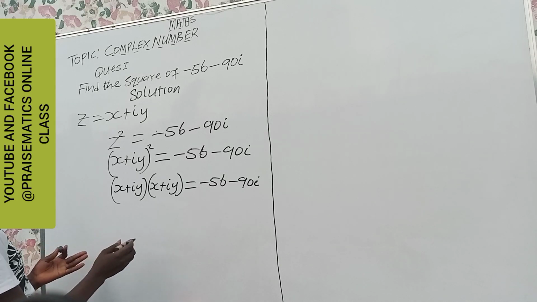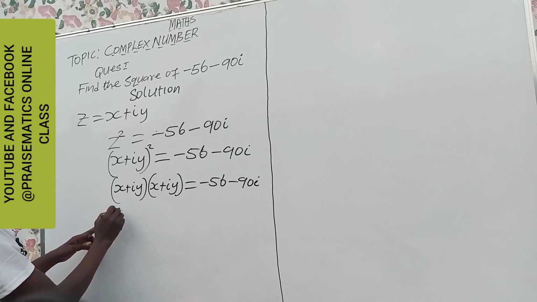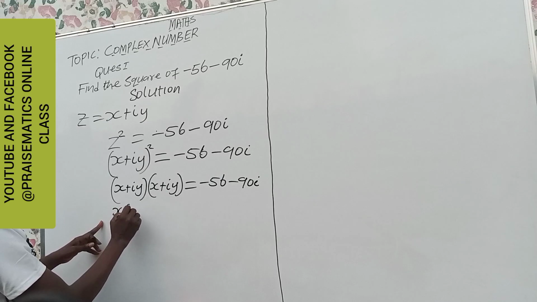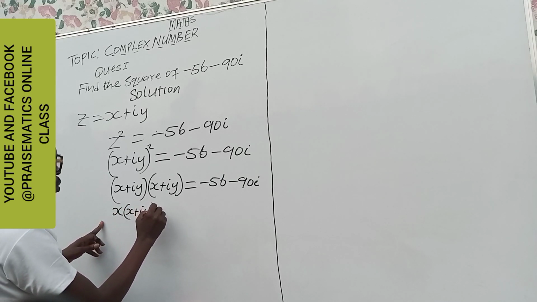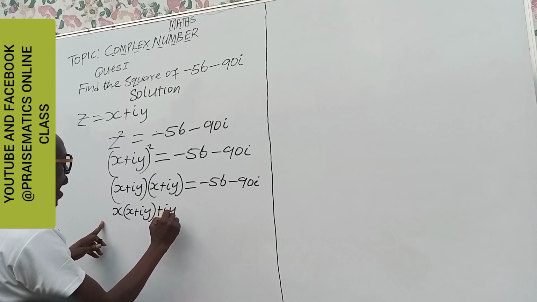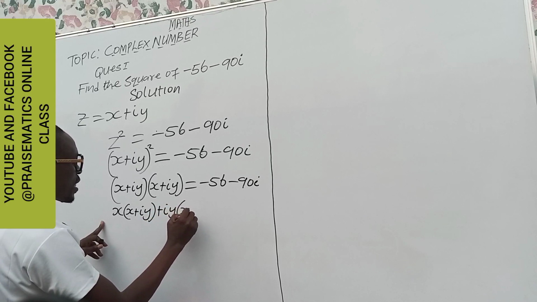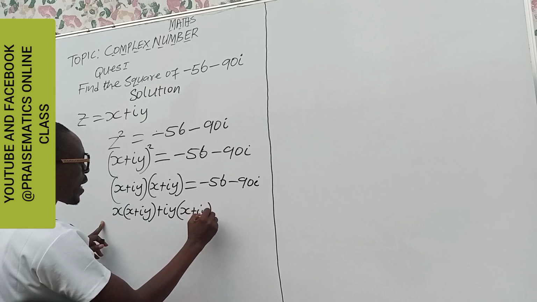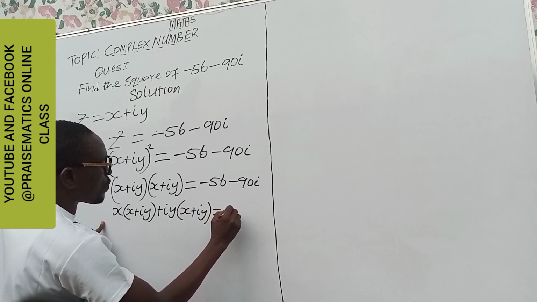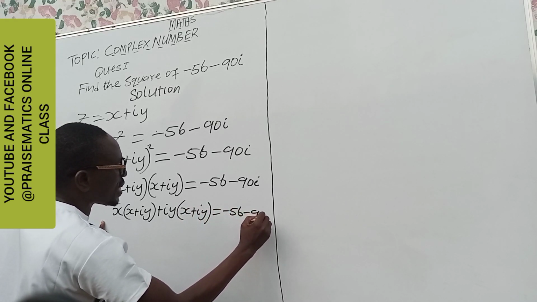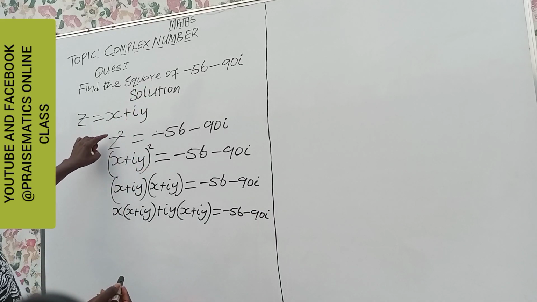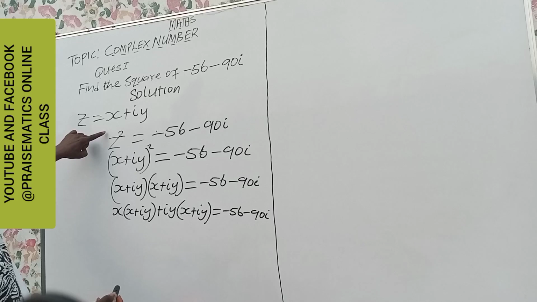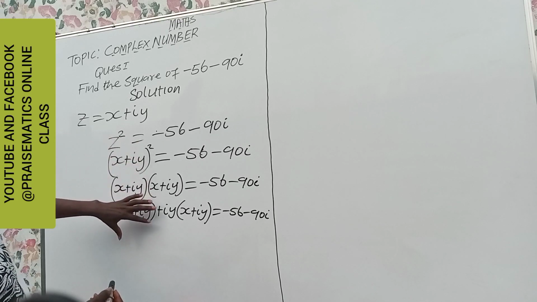Expansion: we have x times (x plus iy) plus iy times (x plus iy), all equal to minus 56 minus 90i. They say we should find the square root of the complex number, so we have squared the complex number z, and we are breaking it down.